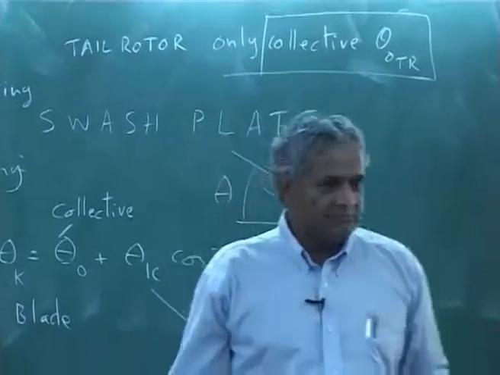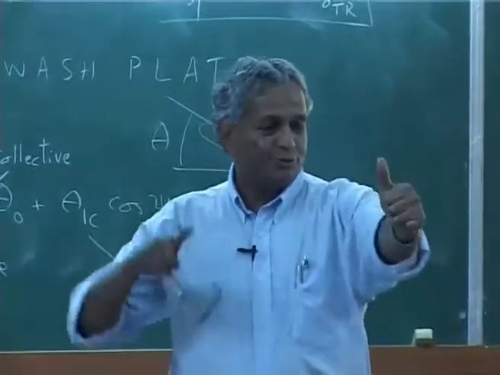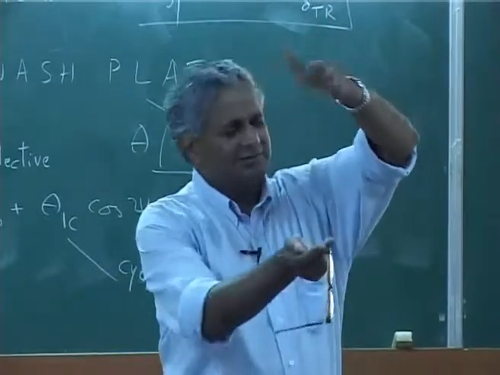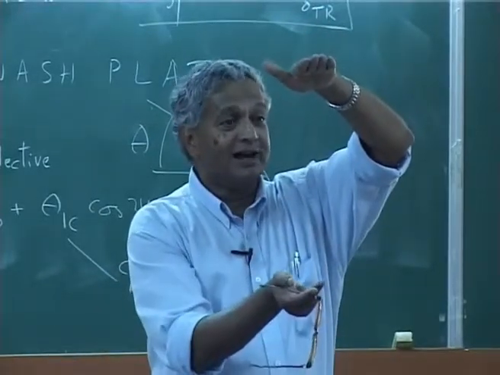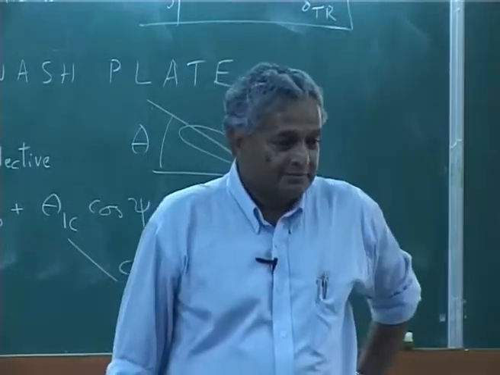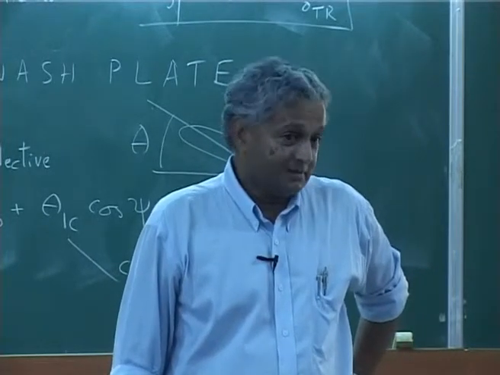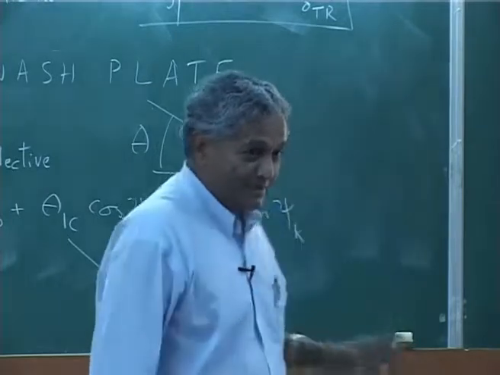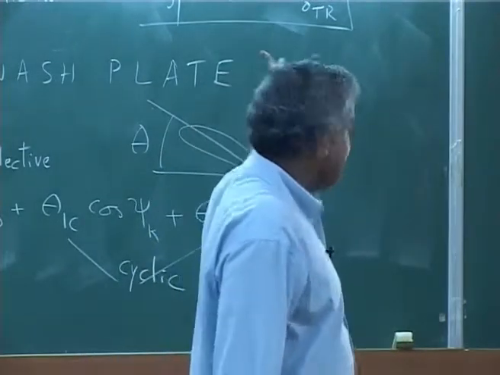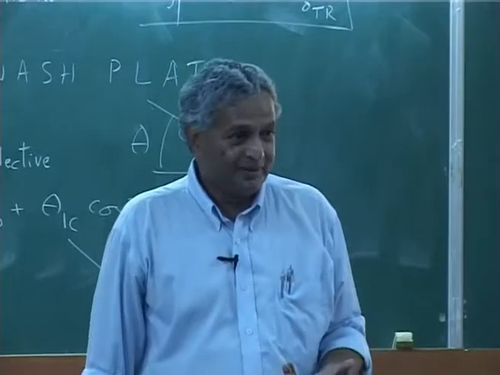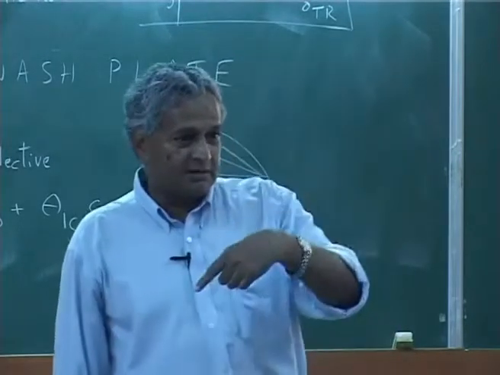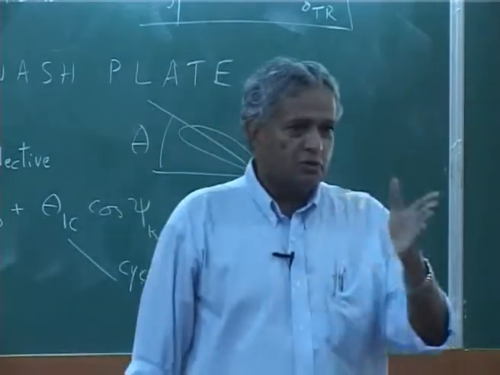Now, if I want to build two rotors, let us say contra rotating, one above the other, then it is a little tricky. You can't represent it in this way, because there is no tail rotor. Then you always talk about what motion you want.